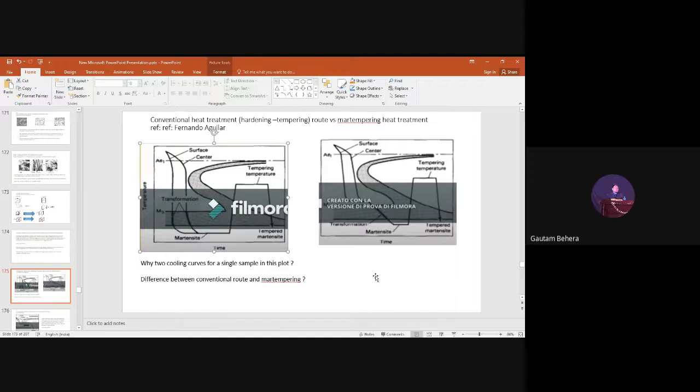Okay, Tushar. Tushar, can you explain this one? Yes, sir. Can you differentiate Martempering heat treatment from conventional heat treatment, that is hardening and tempering? No, sir. Okay. Sanjeev Kumar.